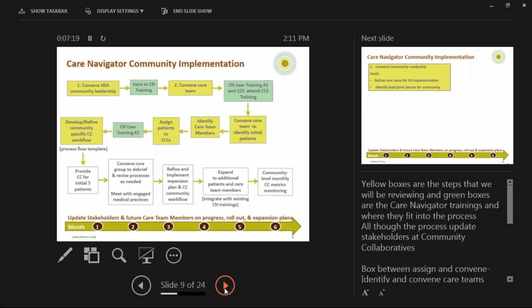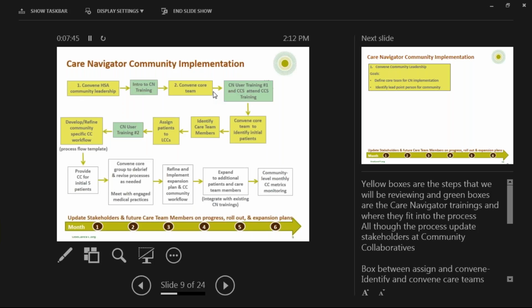Okay. So that's a little bit about the roles, and now we're going to move into the Care Navigator community implementation. And just to orient you to this pretty busy slide, the yellow boxes are steps that we are going to have the 4 communities cover within this presentation. The green boxes are where we've inserted the Care Navigator trainings that are occurring.